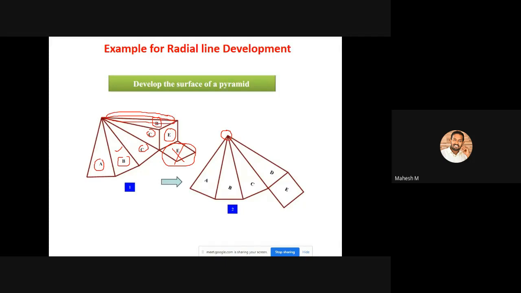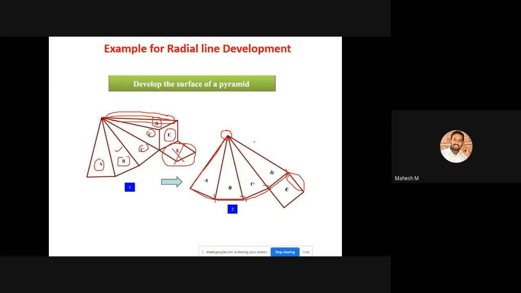After measuring that, you have to create an arc like this. Then you can draw this first initial line. Then you measure the distance of each base side and create an arc like this. You'll get all the endpoints of each triangular face.